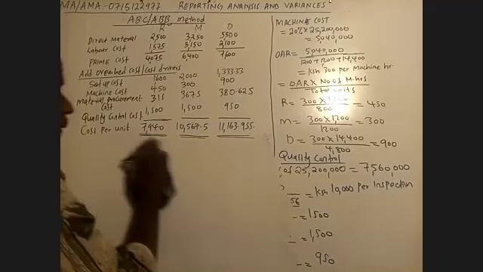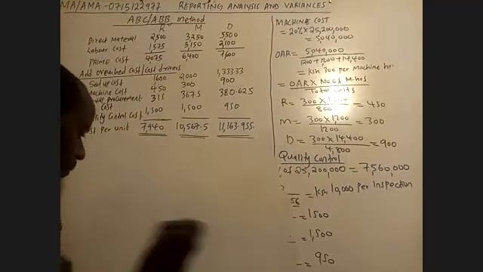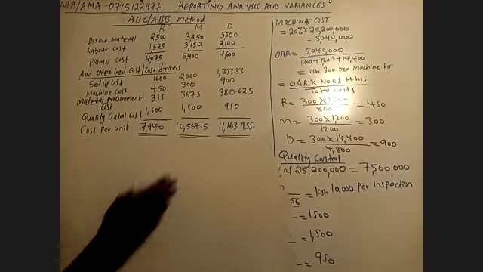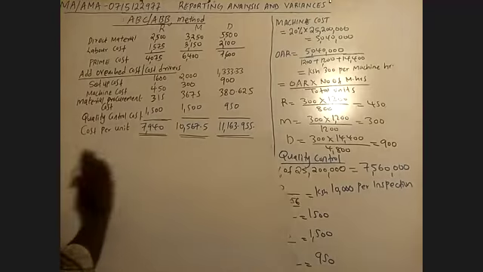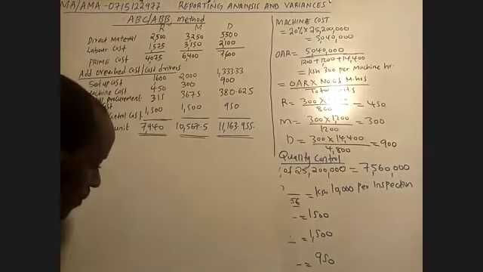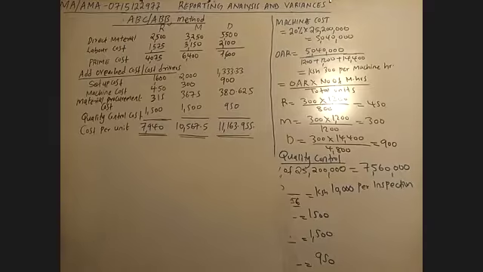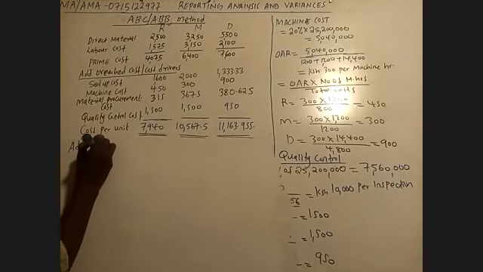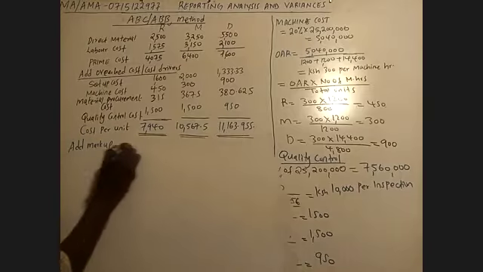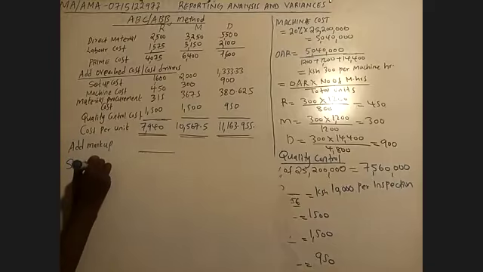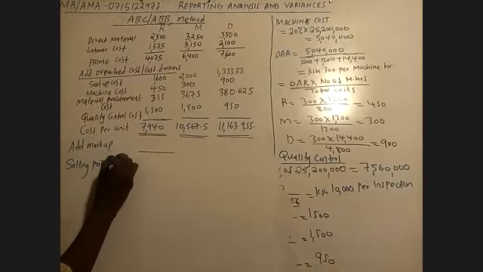So we add the markup. Remember, markup was 20%. We add markup so that we can get our selling price per unit.